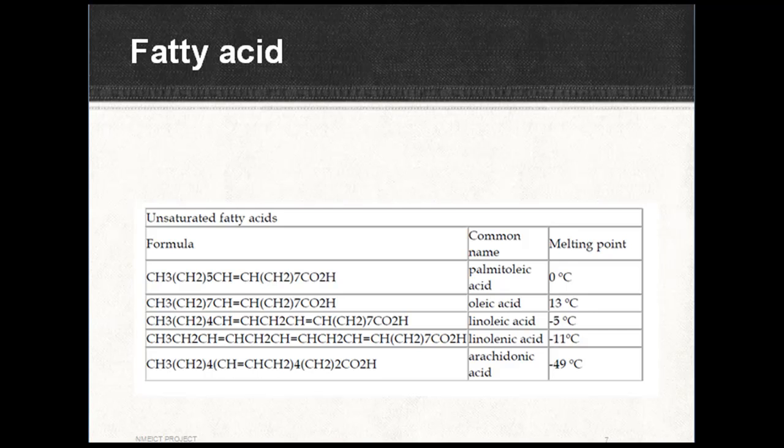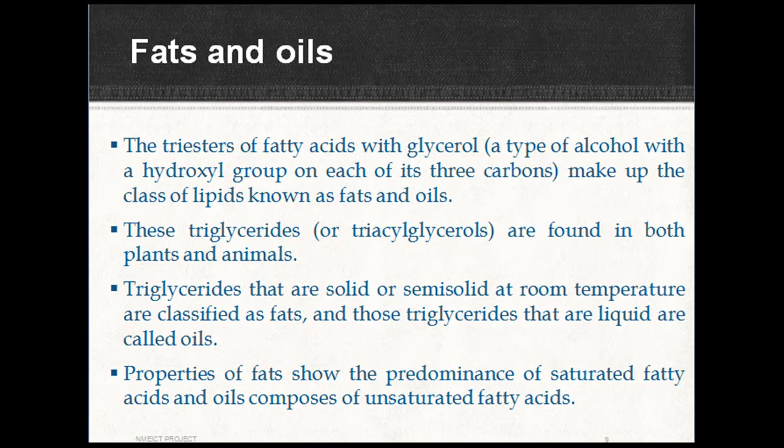Another example of lipids, fats and oils. The triesters of fatty acids with glycerol make up the class of lipids known as fats and oils. These triglycerides are found in both plants and animals. Breads and pastries from a bread factory often contain mono and diglycerides as dough conditioners.